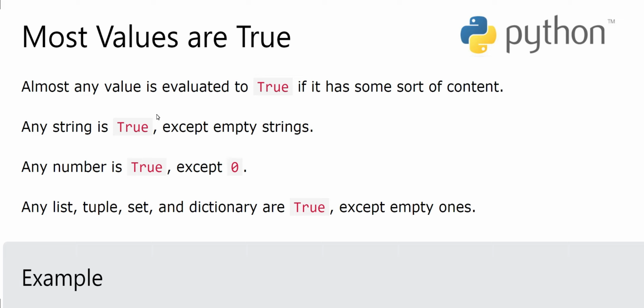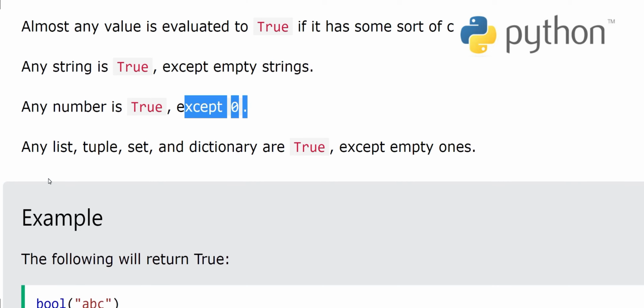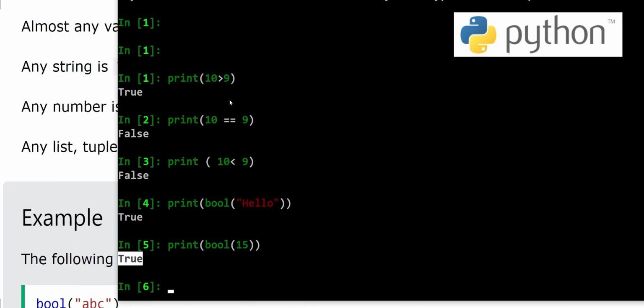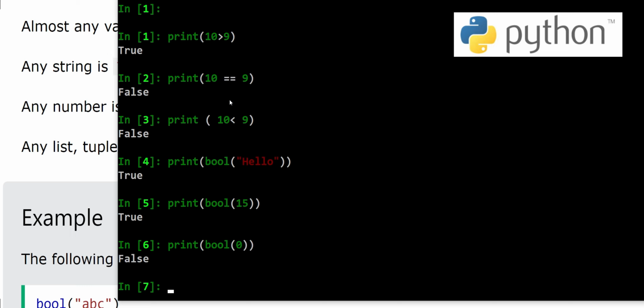So what happens is most values are true. Almost any value which is evaluated by this bool function returns true if it has some sort of content. Yeah? Any string is true except empty strings. Just keep remembering this. Any number is true except 0. So, for example here, if we change this to 0, now it's false.